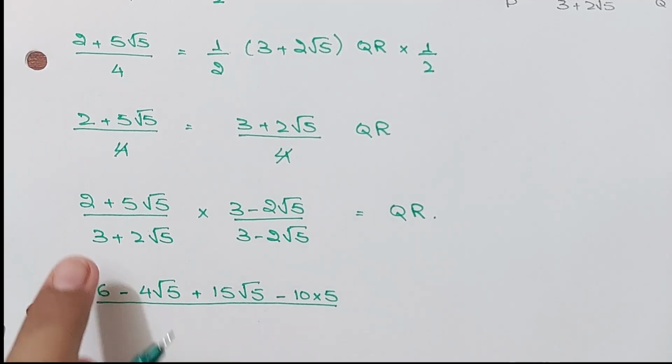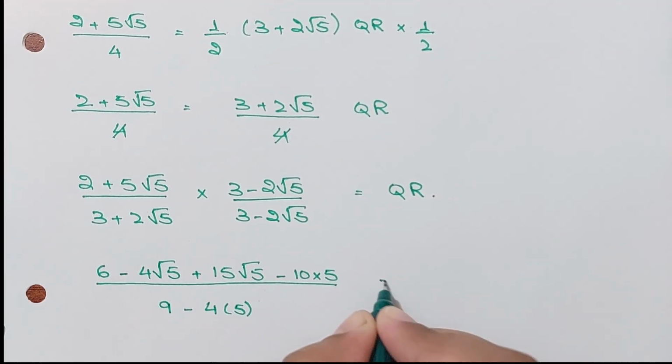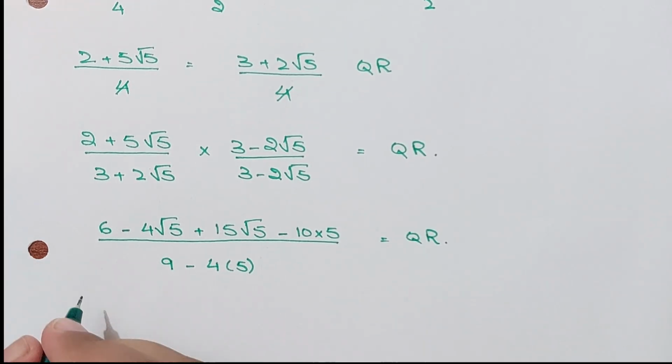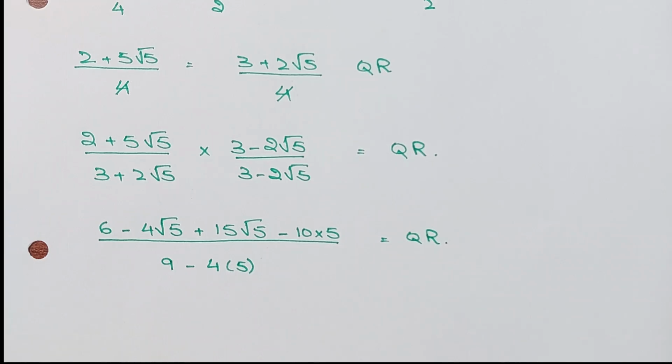The denominator is a plus b into a minus b, which is a square minus b square. So 3 square is 9 minus 2 square is 4, and square root of 5 square is just 5. This is QR, right? Now we have 6 and 10 times 5 is 50.